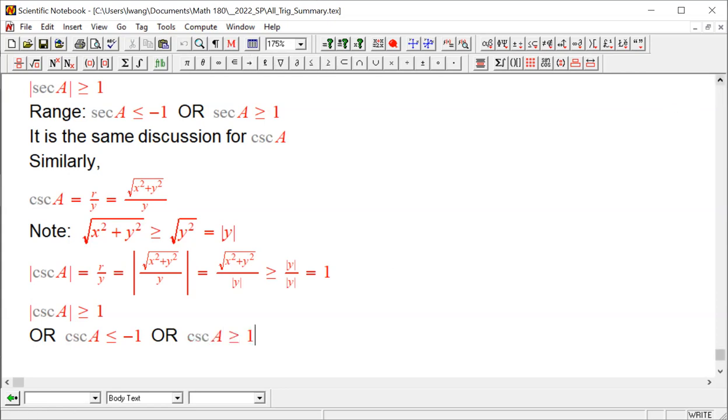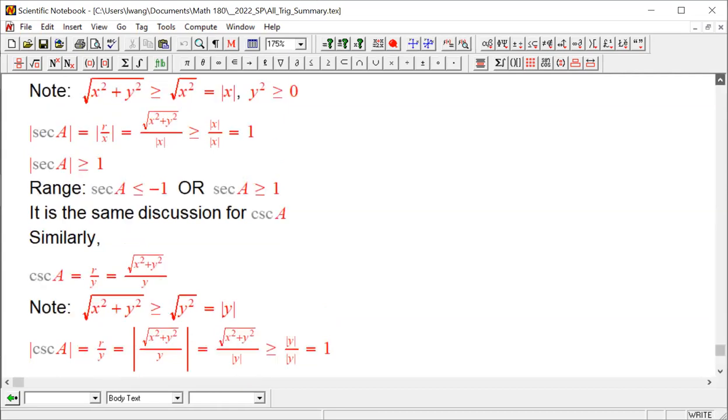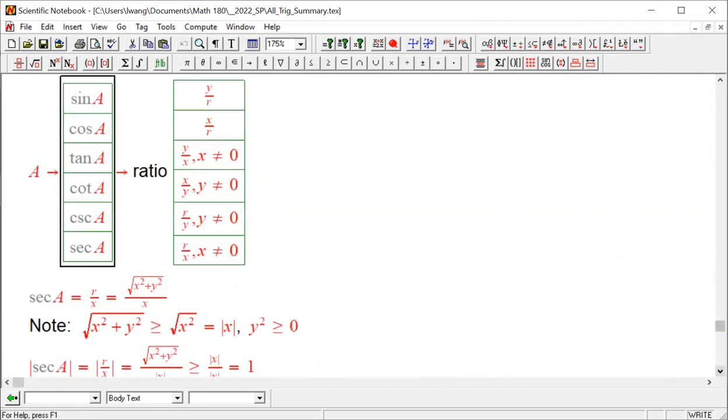Okay, so this is a very algebraic discussion. If you spend time to get it, it will be really helpful for your future manipulation in algebra classes and calculus classes.